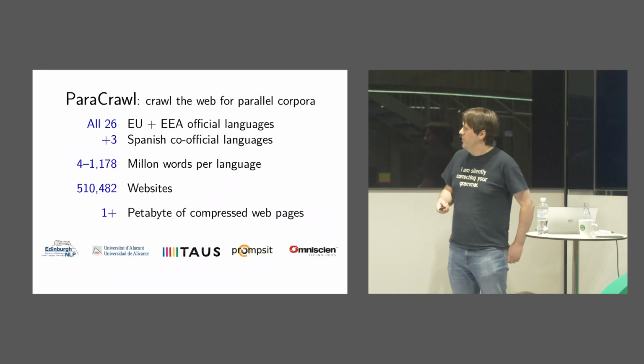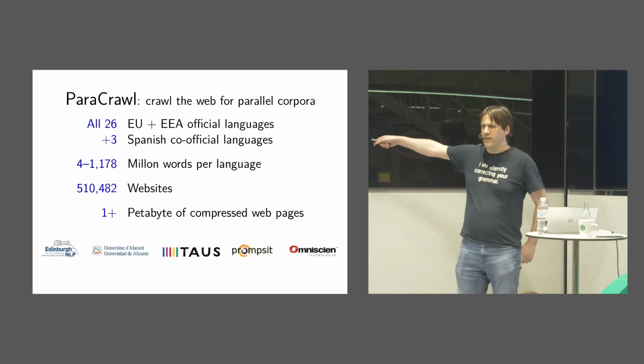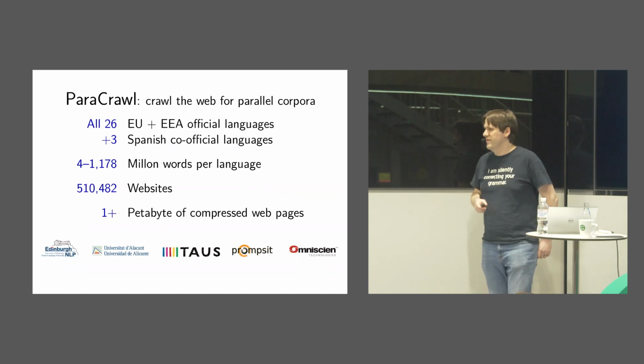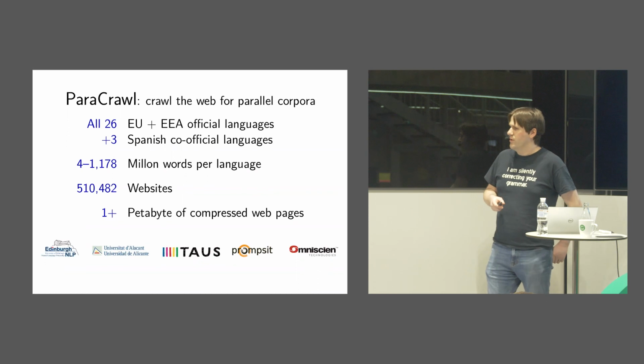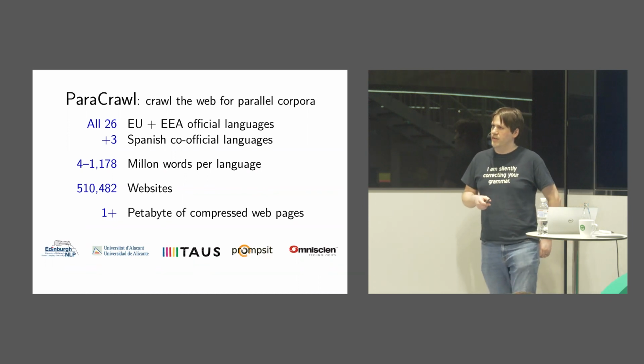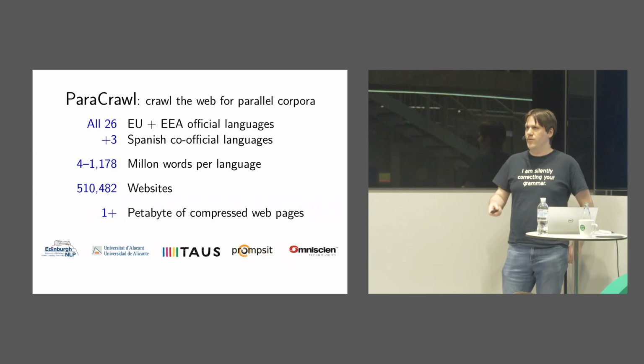So moving on to the Paracrawl project, and this is actually a consortium of universities and companies that I put on the slide here. We're doing all 26 EU languages plus Icelandic and Norwegian.